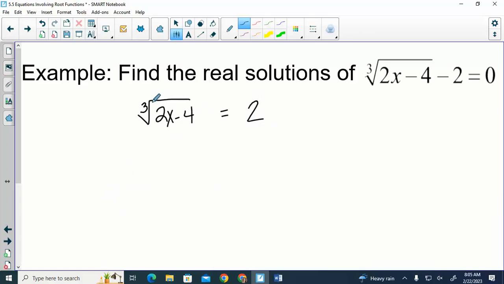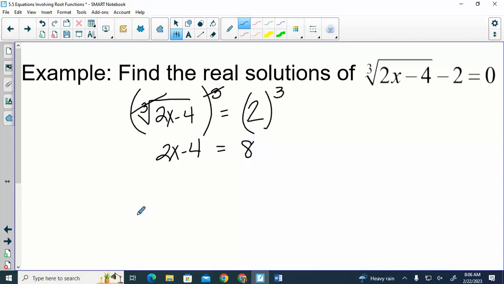Then the opposite of a cube root is a cube. So we cube each side. Cube root and cube cancel. So the third is 8. And then we solve. So at this point it's just a linear equation, so you add over your 4.